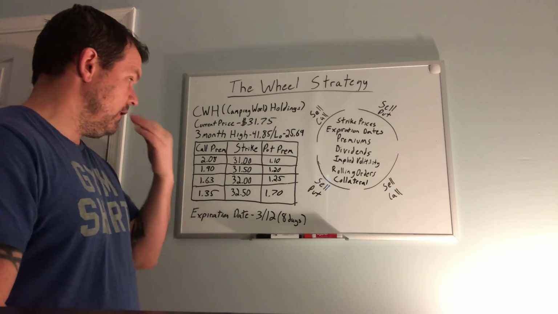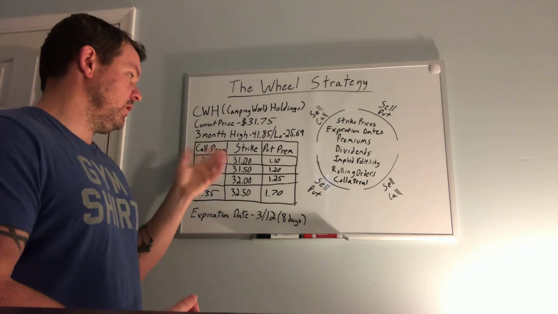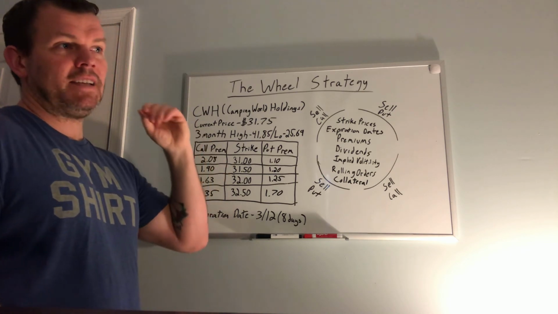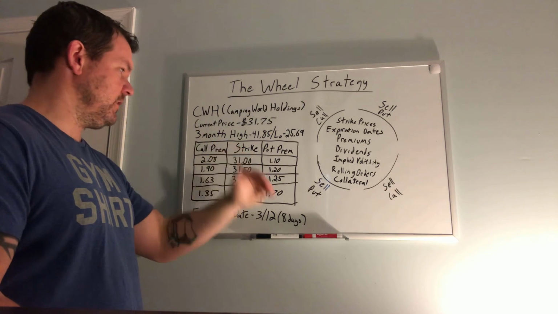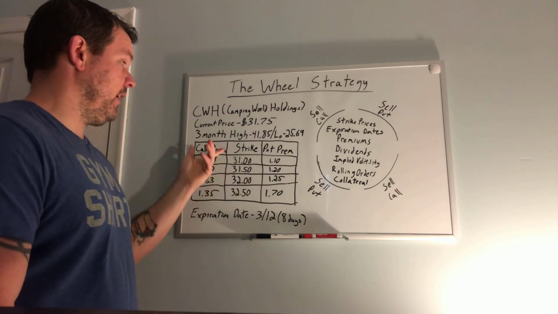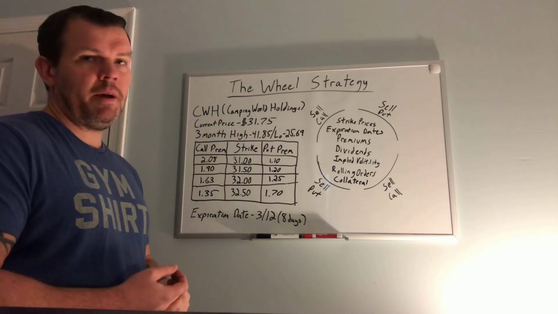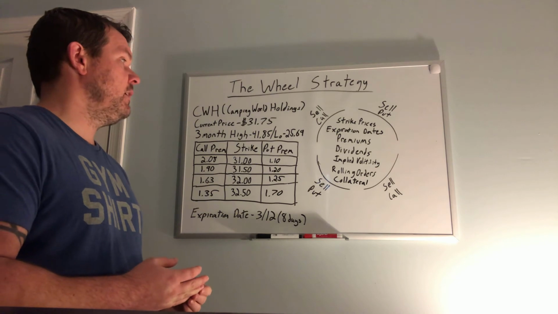It's not worth it. Myself, I always look for a strike price at least equal to what I own the shares at. So if the stock tumbled to $25, I don't care. I'm probably still going to sell a call at $31. That premium may not be attractive, but it's just temporary.